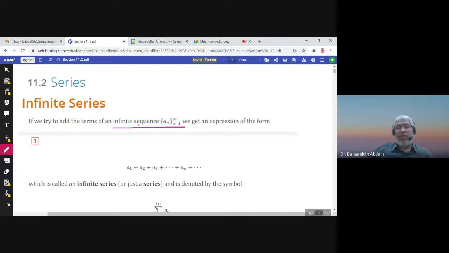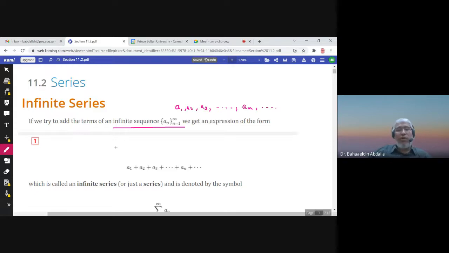And we say that an infinite sequence is just a list of numbers. So a1, the first term, the second term, the third term. It continues to the nth term, and it continues also after an, I have an plus 1, and so on. This is an infinite sequence. This is what we studied in 11.1.